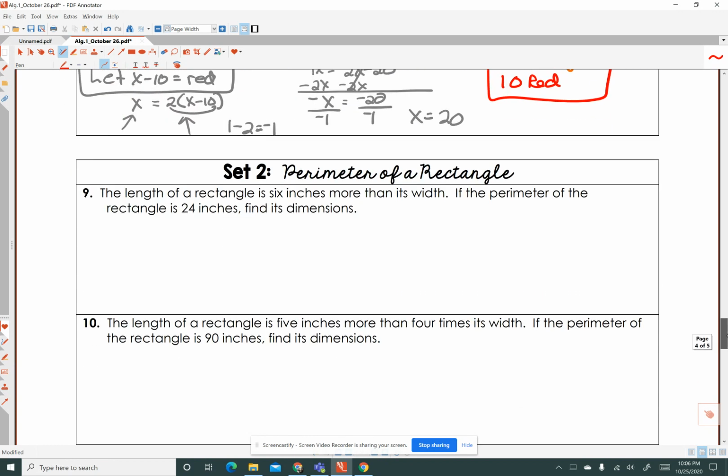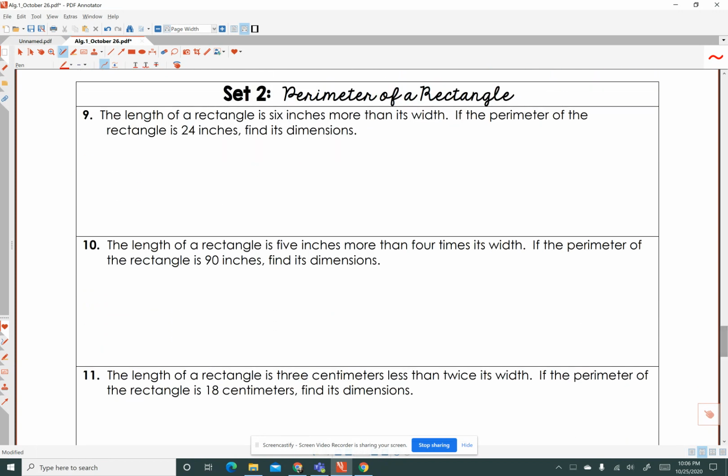Now we're going to move on to the perimeter of a rectangle problems. Before we start, let's remind ourselves that perimeter equals 2 length plus 2 width.